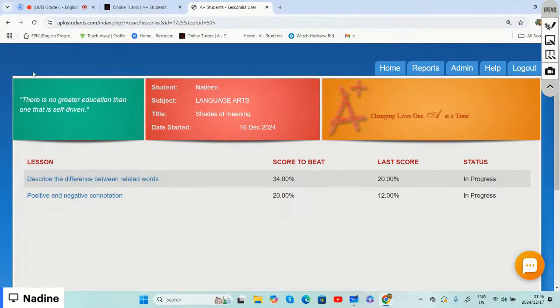However, the meanings are slightly different. And then we also had to describe the negative and positive connotations. Positive connotations are words that are nice. Negative connotations are words that are not so nice. So we'll have words that are similar in meaning, but one word can mean something more negative and one word can mean something more positive.